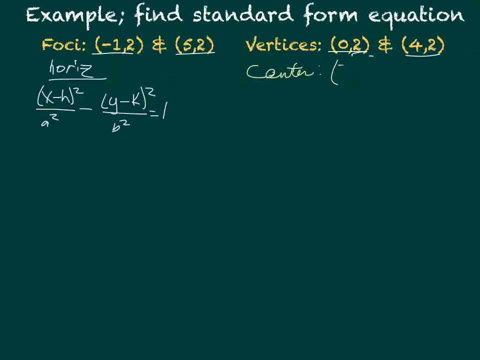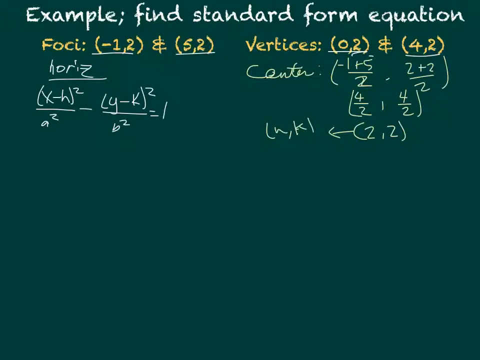So I'm going to take negative 1 plus 5 and divide it by 2. And the other one, I'm going to take 2 plus 2 and divide it by 2. Okay, so negative 1 plus 5 is 4 over 2, and 4 over 2. So my center is (2, 2). So that is my (h, k).